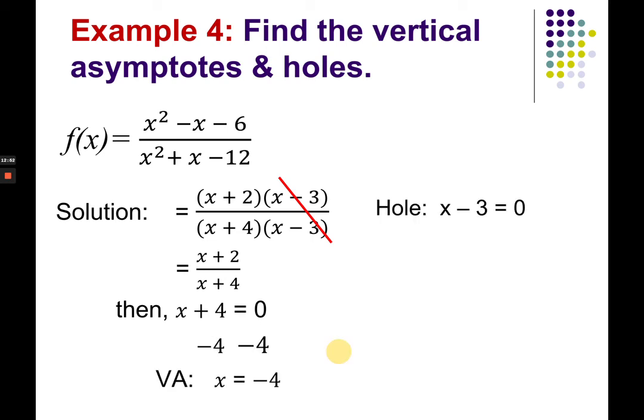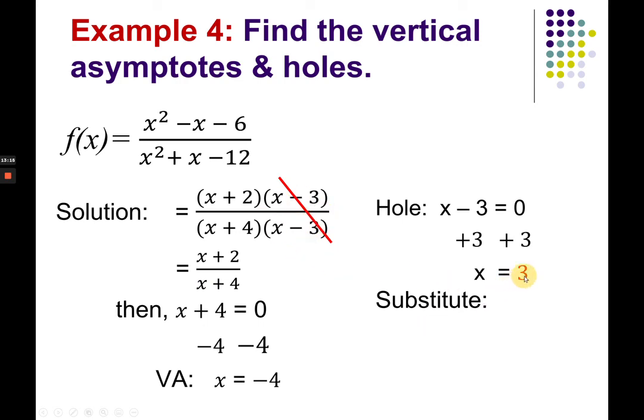Your hole is, of course, based on the cancelled factor. We will equate it to 0 to find the x-coordinate of the hole. The x-coordinate of the hole is positive 3. To find the y-coordinate of the hole, we will substitute 3 in the simplified form, not in the original, because it becomes undefined, as it creates a 0 in the denominator.